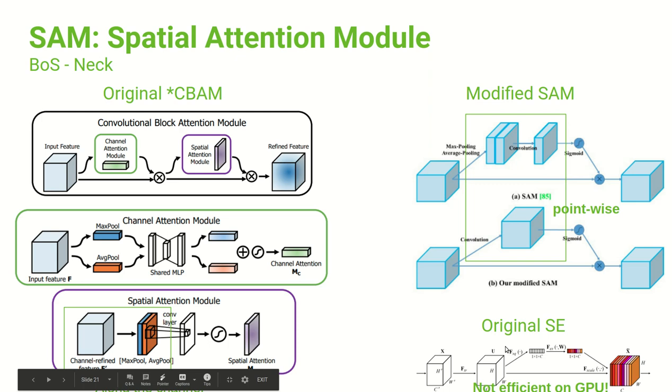So you only have a 1D output, but you keep the channel information. This is called the squeeze operation because you squeeze the height and width into one. And then you pass it through an operation called excitation.